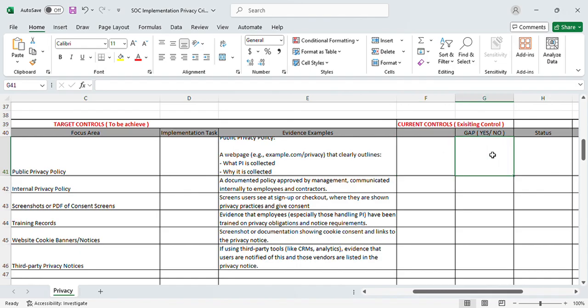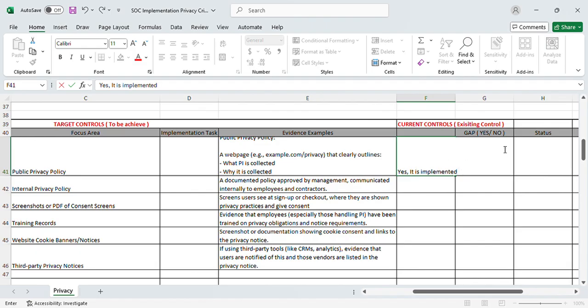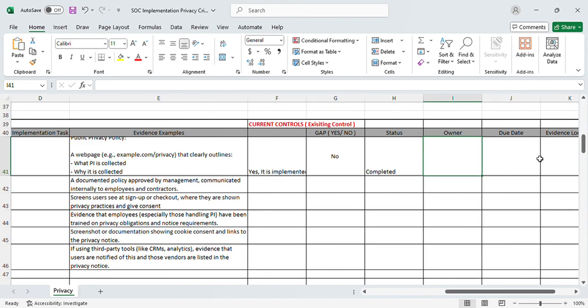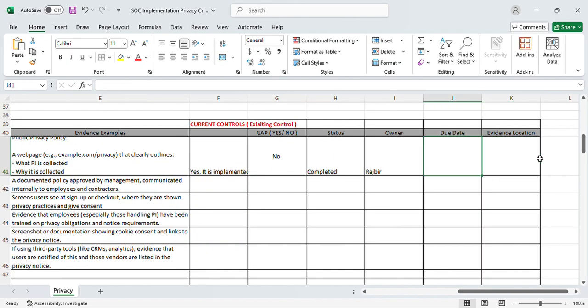And in column G they can mention whether any gap is there, no gap is there, status is completed. Owner, for example, me as an owner, I would write my name, due date, and evidence locations.